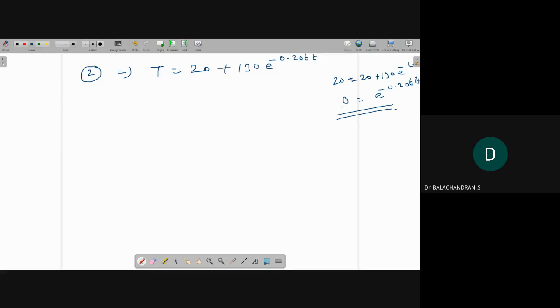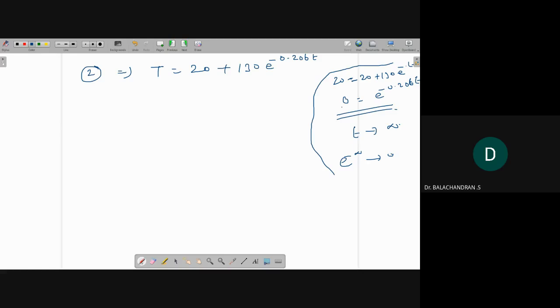When t approaches infinity, e power minus infinity approaches 0.